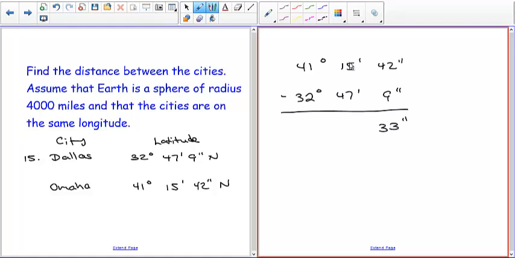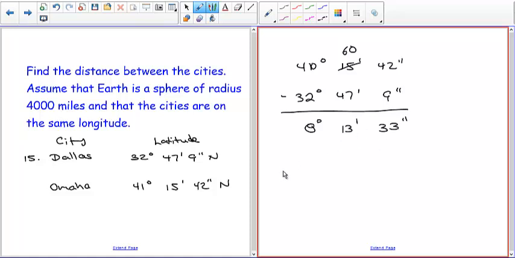Here you have to borrow. So you're not borrowing 1, you're going to borrow 60. There's 60 minutes per degree, so this becomes 40 instead of 41. So I take 60 of those, and then now I can subtract. So you get 60 minus 47, which is 13 minutes, and then 40 minus 32, which is 8. So you get 8 degrees, 13 minutes, 33 seconds.